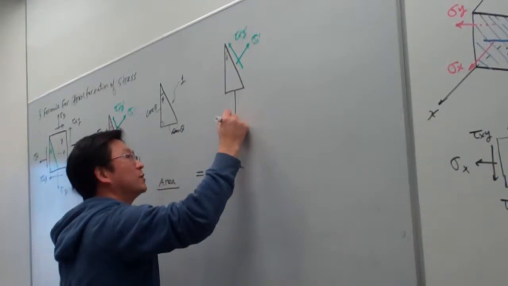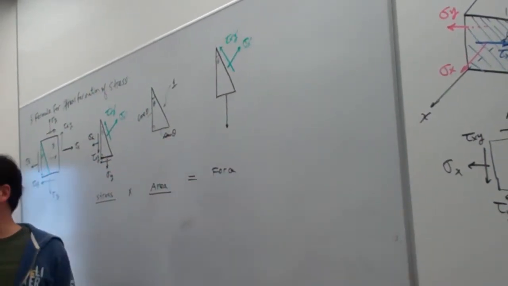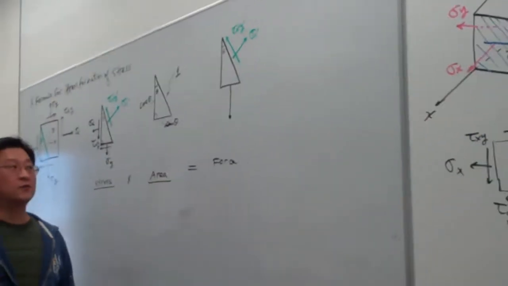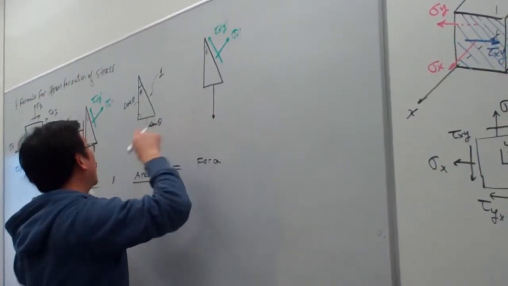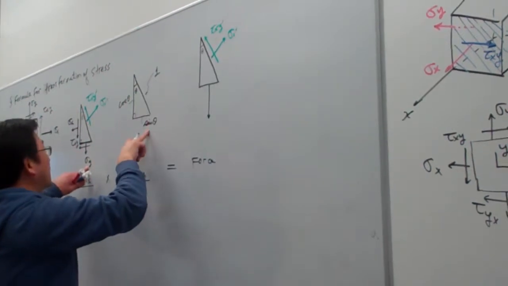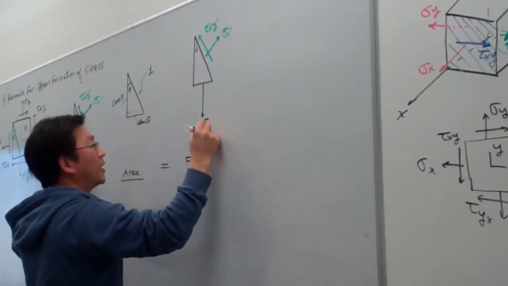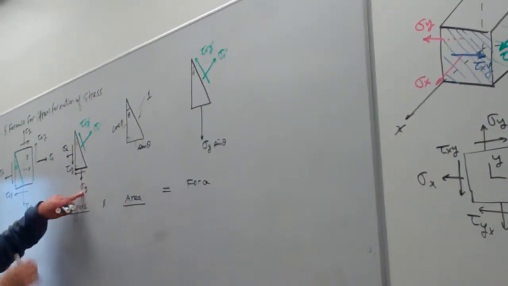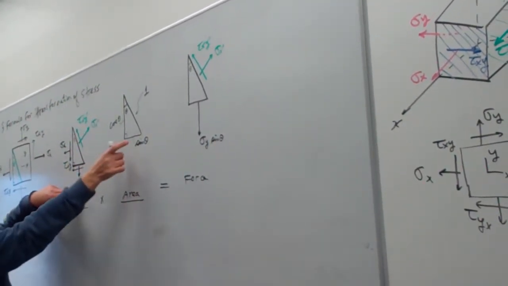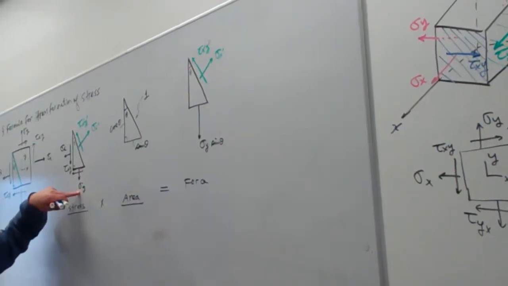here I want to draw a bigger one because I want to later on do the projection of the components into x and into the two components. So here is, again, the sigma times area will be sigma y times sine theta. That is the force contributed by this stress on this side of the area. Okay?